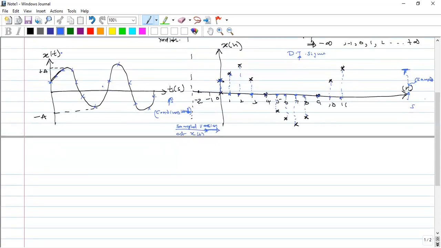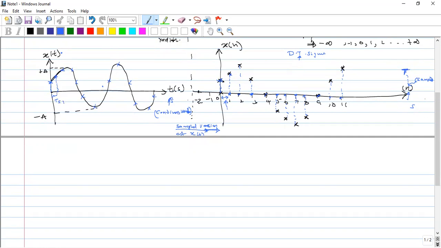What is our problem? Our problem is how to map this n with time. Definitely there should be a time value, no? If you take two nearby samples, there is a time gap between them.